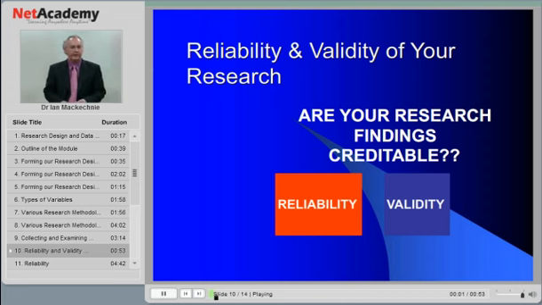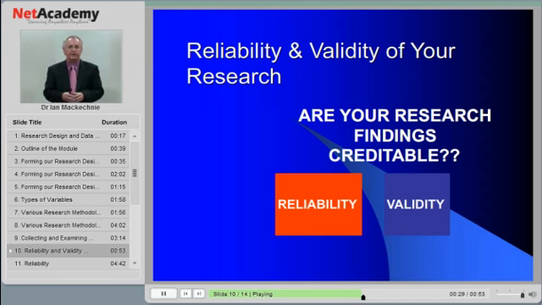In collecting our data, we've got to be very careful about the way we go about doing it. It's not just a matter of running out and conducting surveys, issuing questionnaires. We've got to make sure that the information that we get is both reliable and valid. In other words, our research findings have got to be credible.